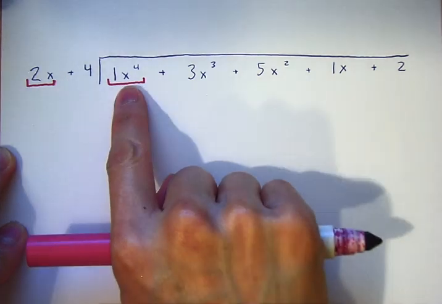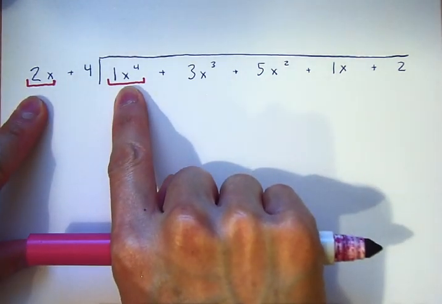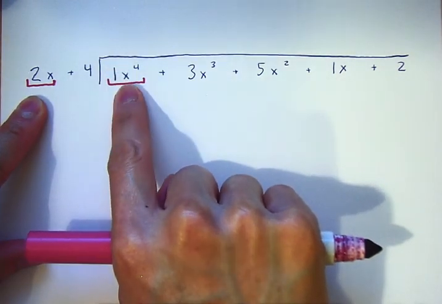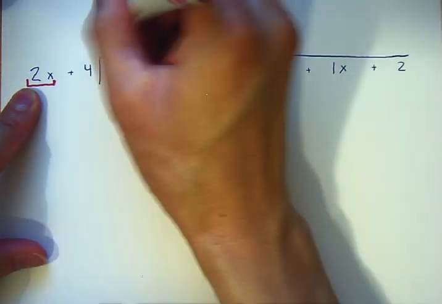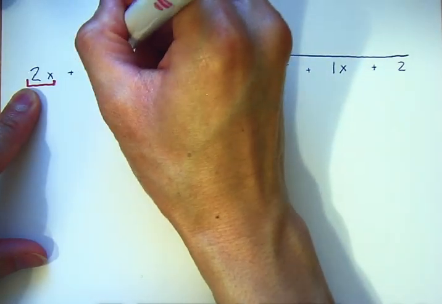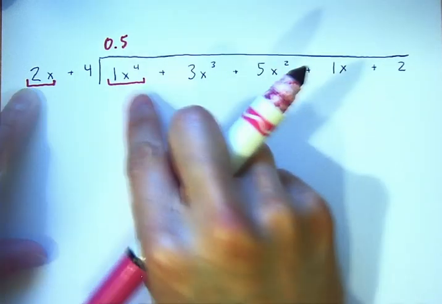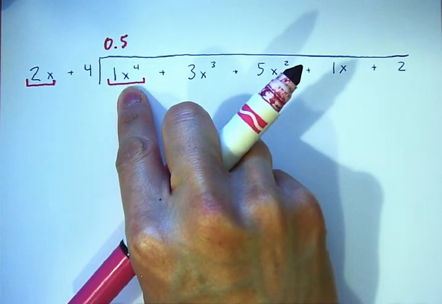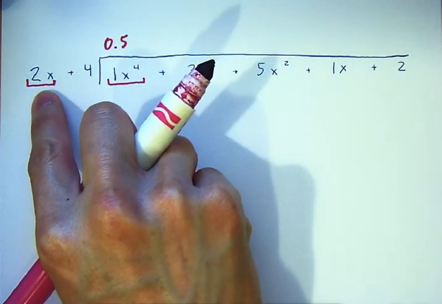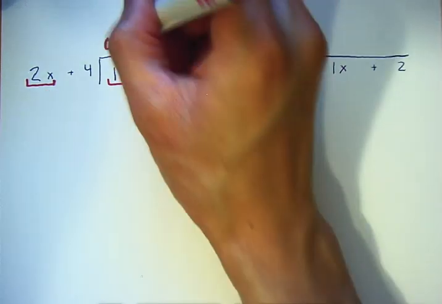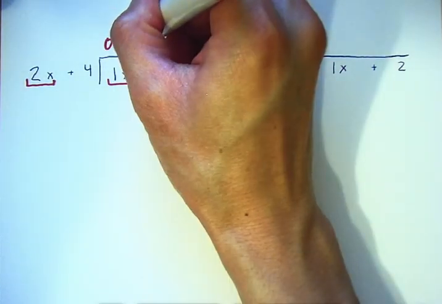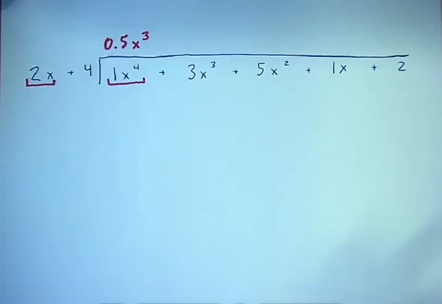So I'm going to divide this one and this one. 1 divided by 2 is 0.5. x to the 4th power divided by x is x to the 3rd power. There's my divide.